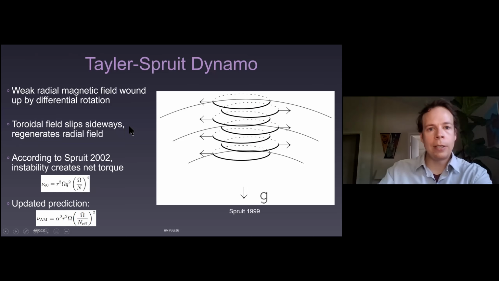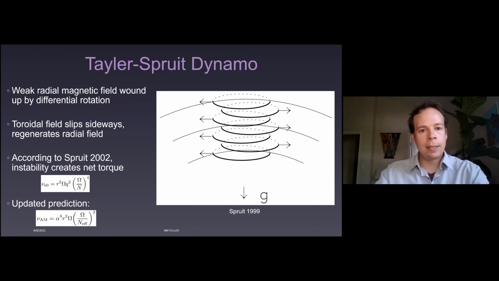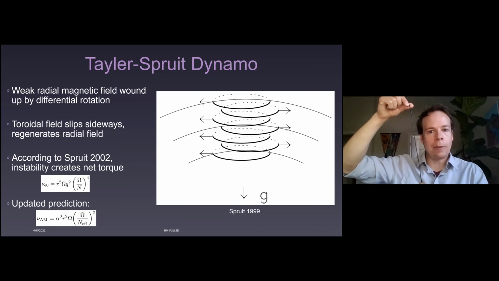And one of the ways they probably do this is through a mechanism called the Tayler-Spruit dynamo. So the idea here is that you have a weak magnetic field inside of a star, and I'm going to use my wire to represent a magnetic field again.